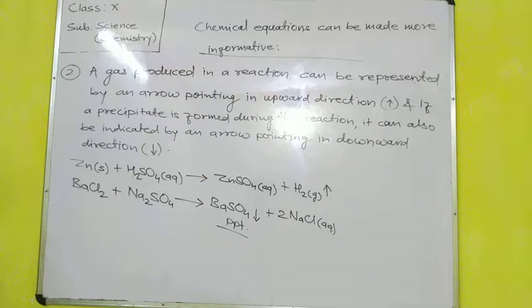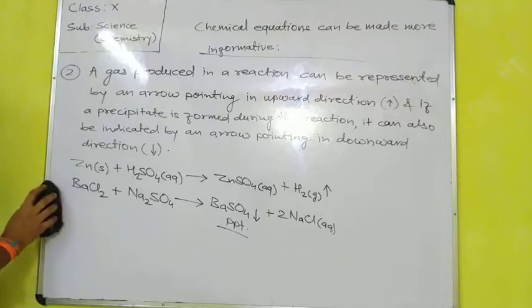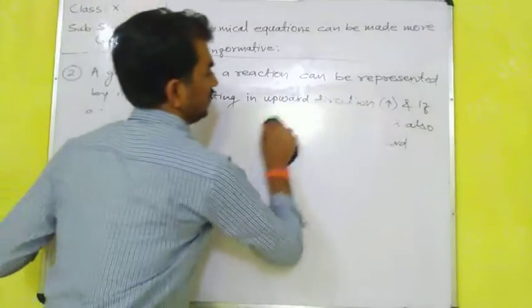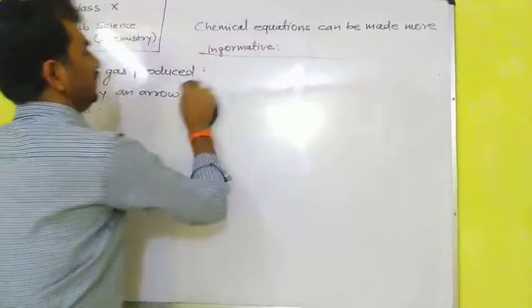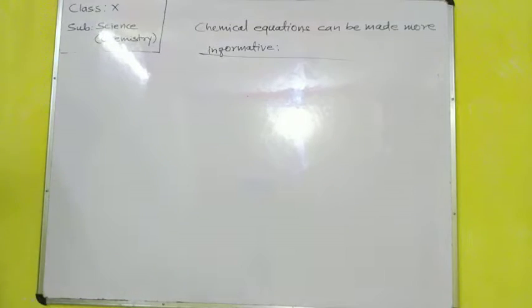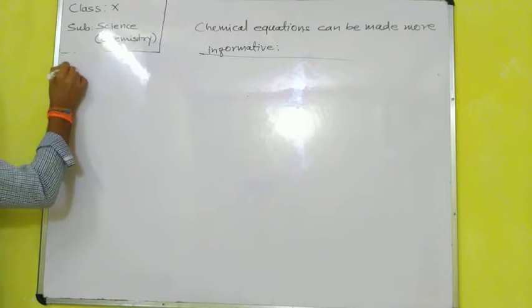Next information: if it is a reversible reaction, reversible reactions are indicated by a double-headed arrow. Third point: reversible reactions are represented by a double-headed arrow.